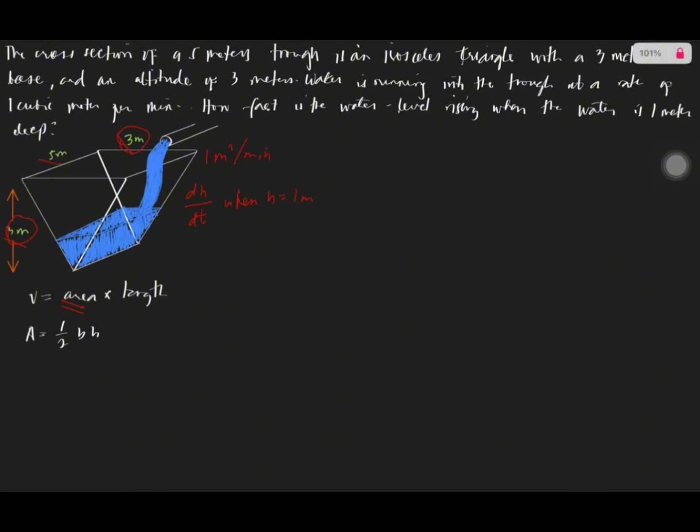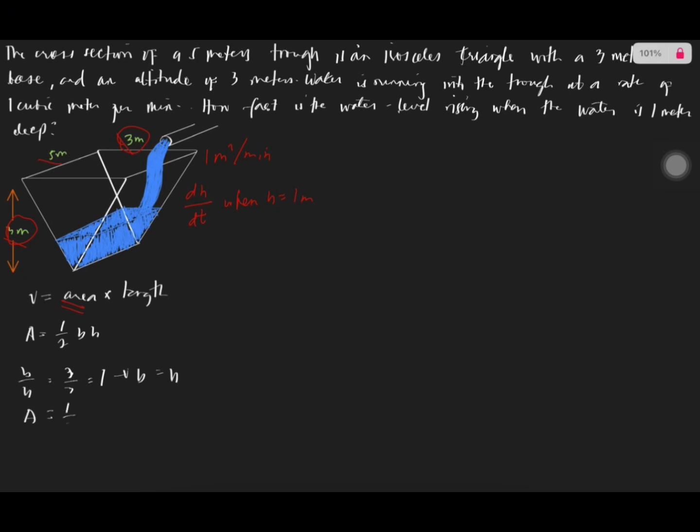Since we have the same base and height, we get the ratio of base over h, which is 3 over 3, equal to 1. So b is equal to h. Now we're going to use this to solve for our area, which is needed for our volume.